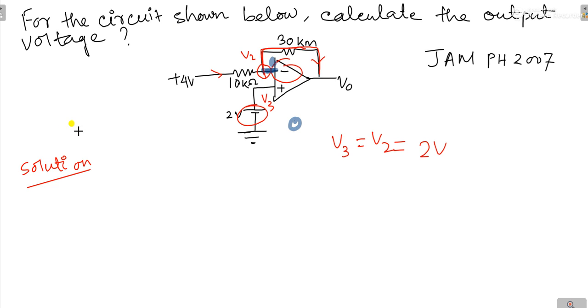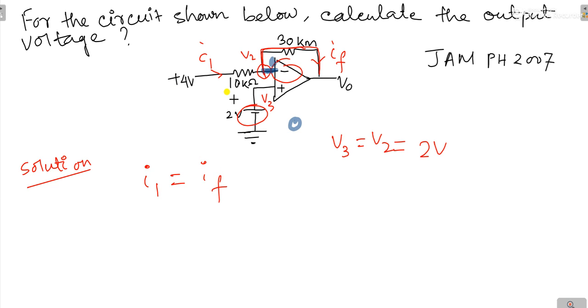So write the current equation. The current in this is I1, and this is IF. Then I1 is equal to IF.